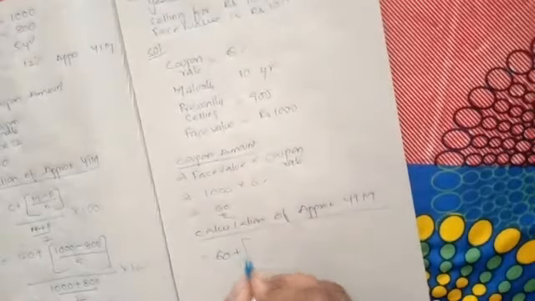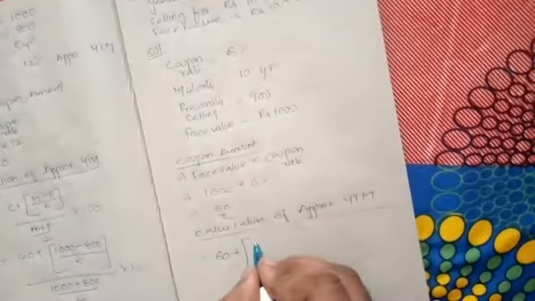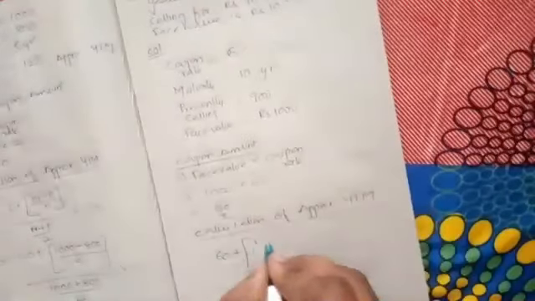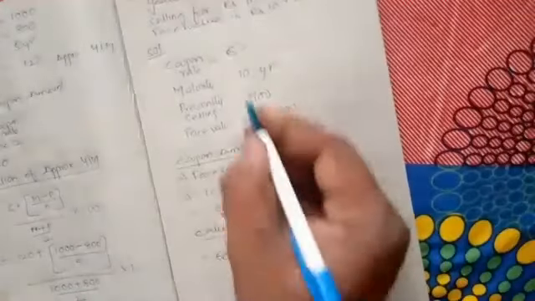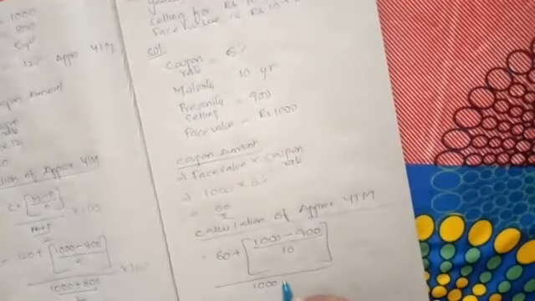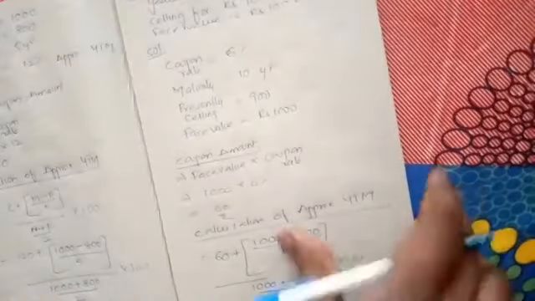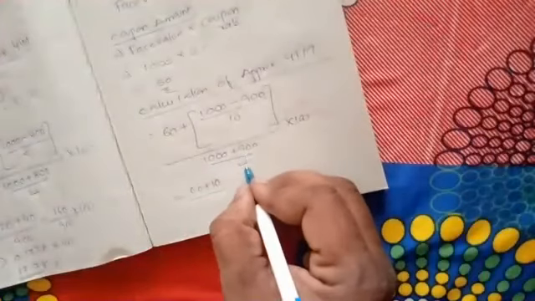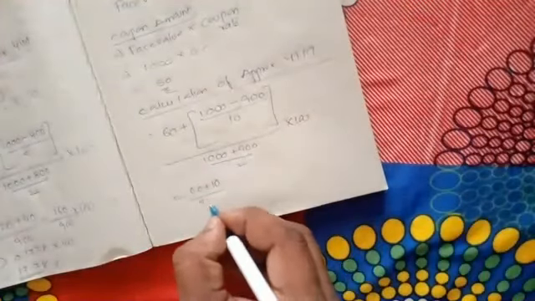How to calculate the approximate YTM? That is 60 plus, M value is the face value, 1000, minus the present price, 900, divided by the maturity, 10 years, whole divided by 1000 plus 900 divided by 2, into 100. 1000 minus 900 means 100. 100 divided by 10 means 10, so 60 plus 10 is 70. 1000 plus 900, 1900 divided by 2, that is 950.